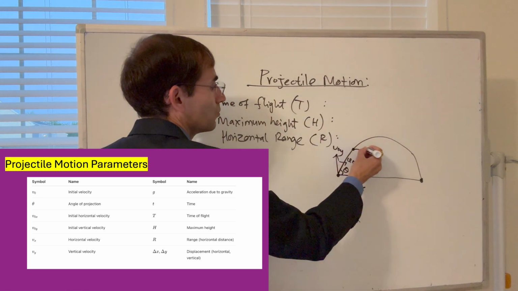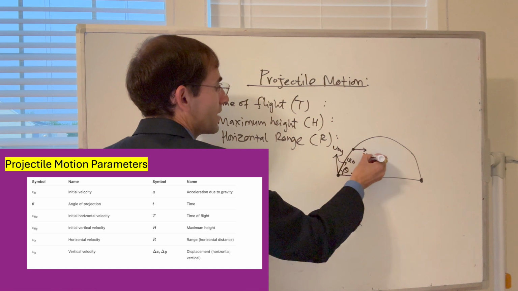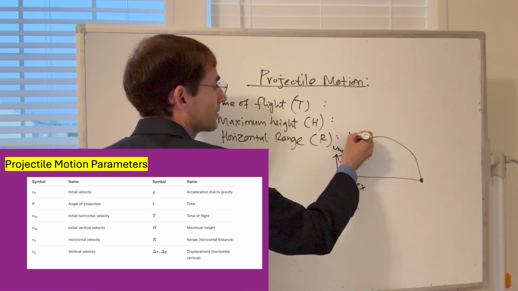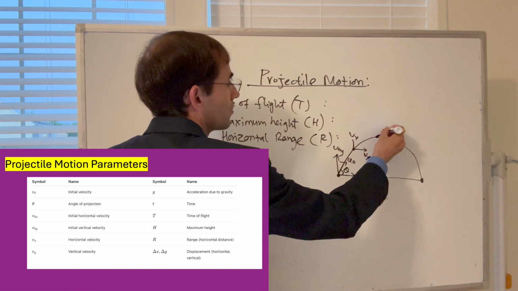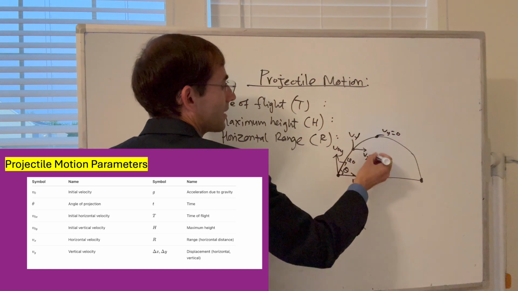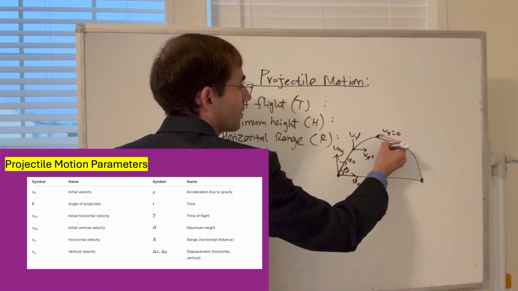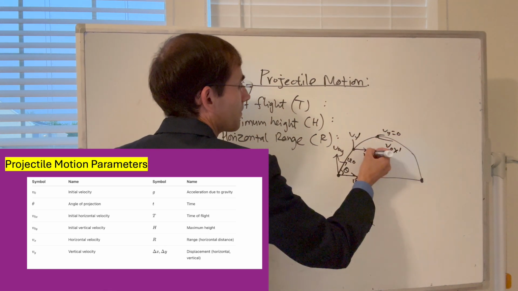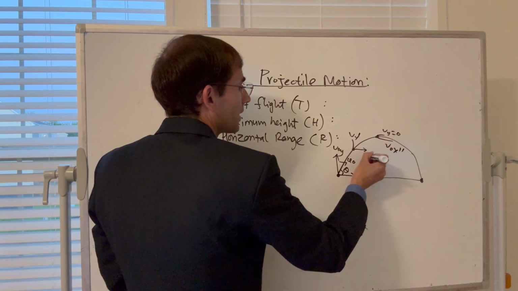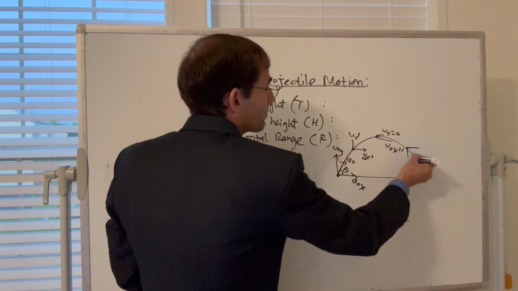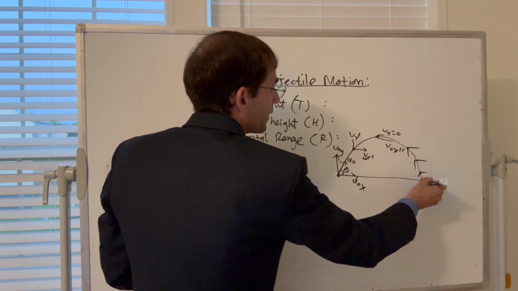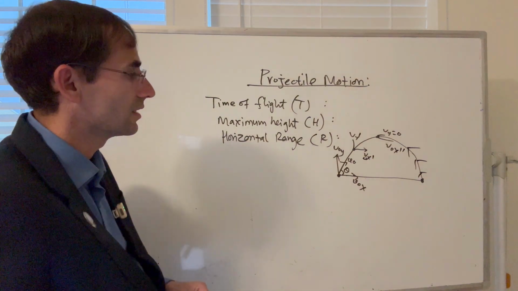At each point you have a velocity along y and a velocity along x. Here you have zero vertical velocity, but you have a vox, and they are the same.